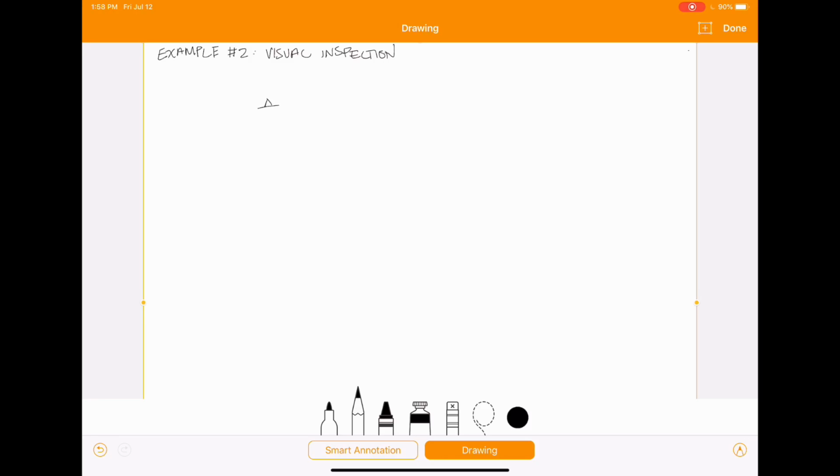So for this example, we're going to pick a beam that has a little bit more complicated of a loading on it. That way you can just see all the different things that occur when you're just looking at something and trying to develop the shear moment diagrams by looking at it. Hopefully give you a little bit more exposure to different things that occur.